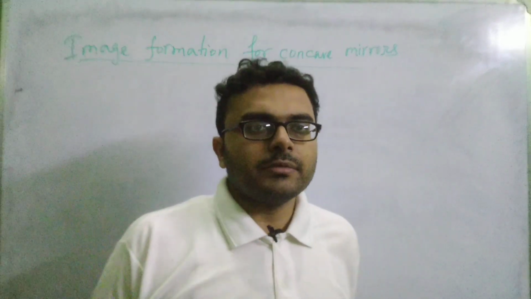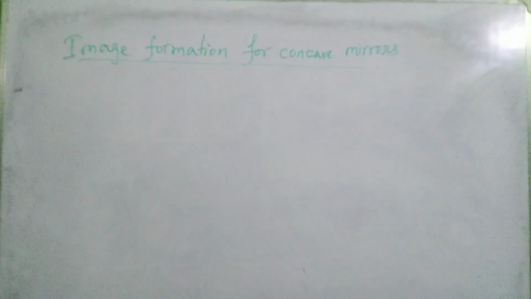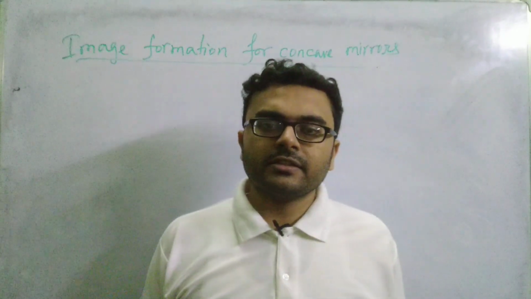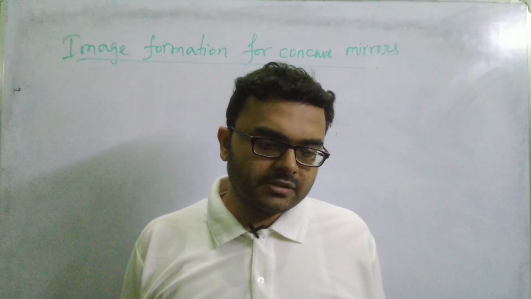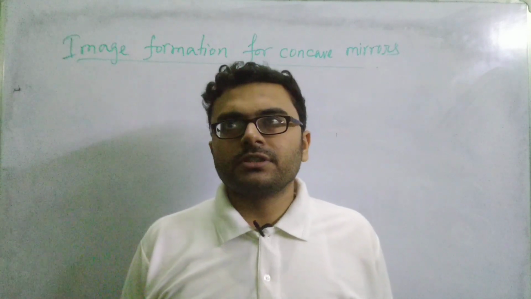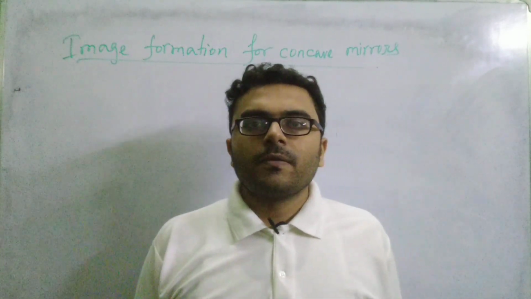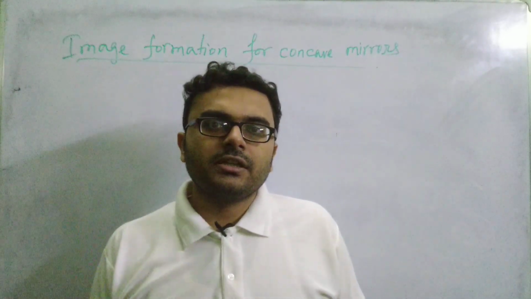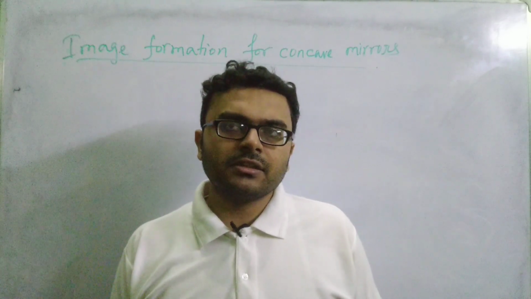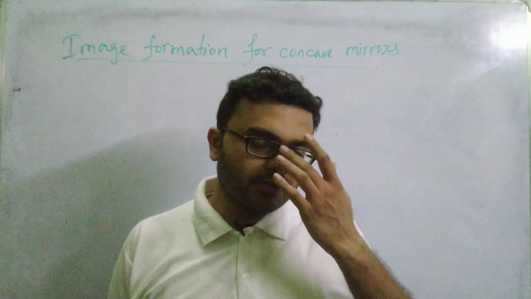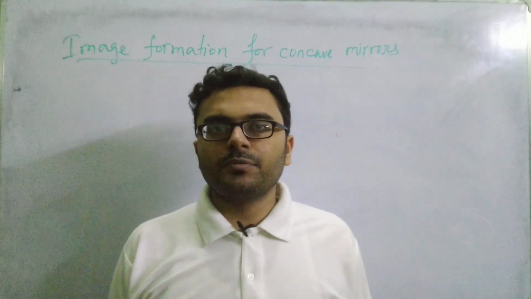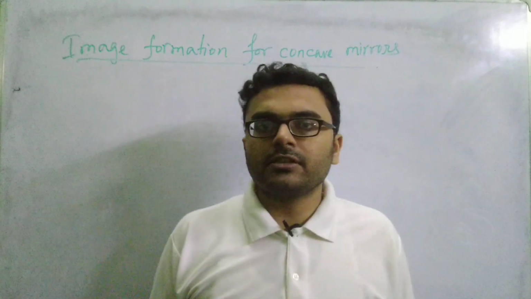Now this term infinite is quite relative, because for a very small mirror which has a very small radius of curvature, say about 10 centimeter, an object placed at a distance of more than 1 meter or 2 meters becomes an object placed at infinity for that kind of mirror.